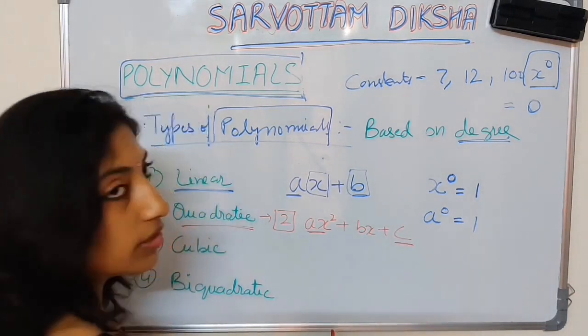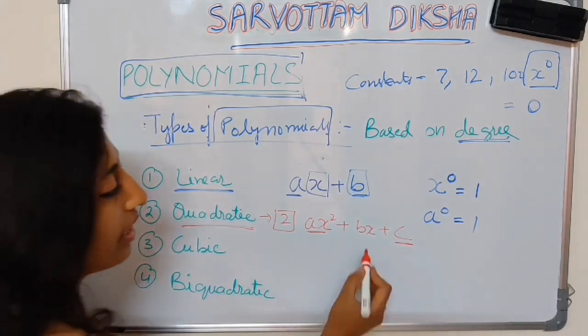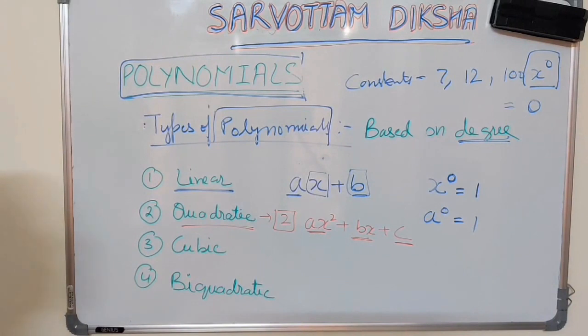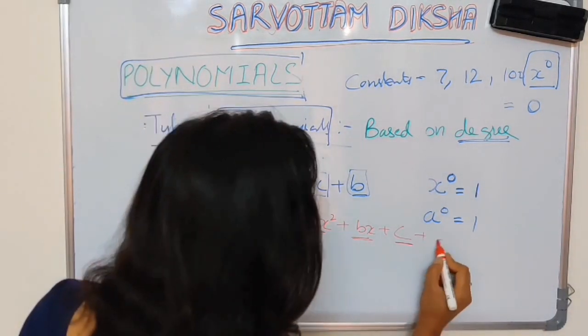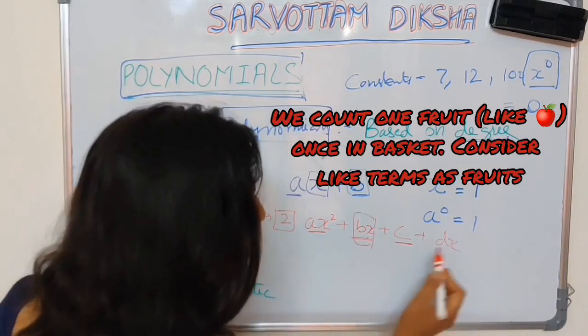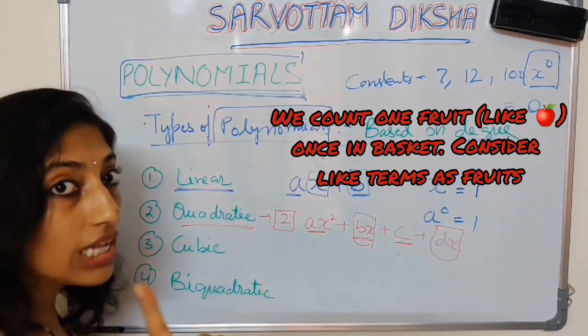The term with 0 degree is the constant. The term with 1 degree is present here. I can't add any other term, and if I am adding some other term like dx, we have to combine dx with bx, and it is nothing but one term.